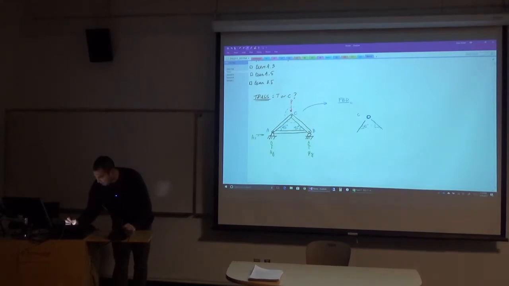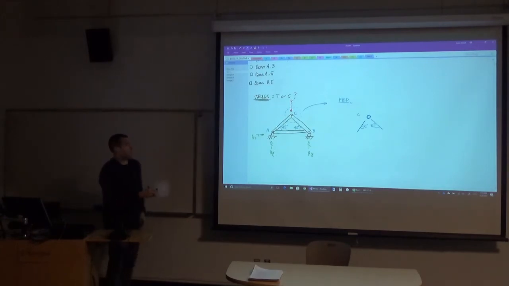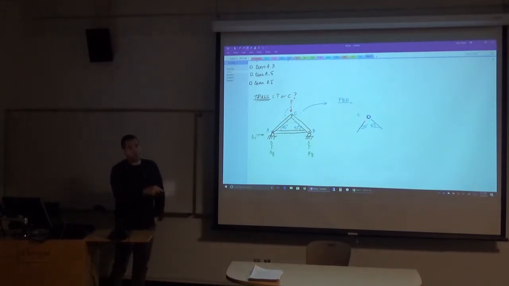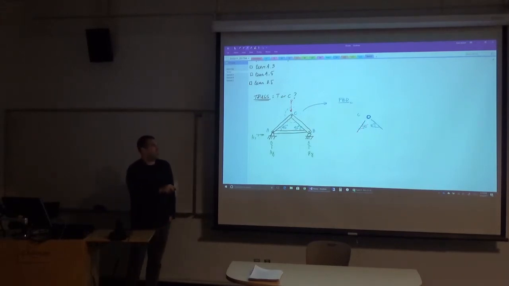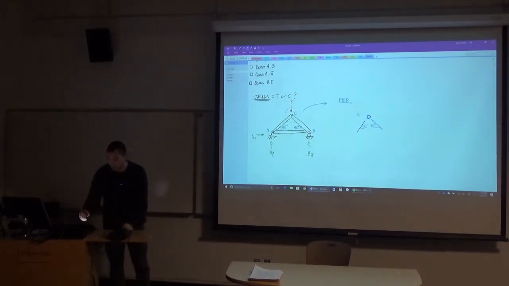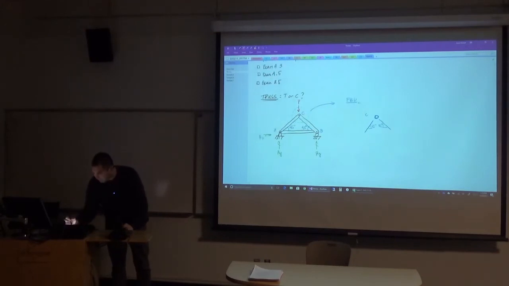I know the direction of it, 45 degrees. But what I don't know yet is either the magnitude of this force, or whether it's compression, pushing into the joint, or tension pulling away from the joint. And just like I said earlier, if you don't know if it's compression or tension, always assume it's in tension, which means that you simply draw the force pointed away from the joint.